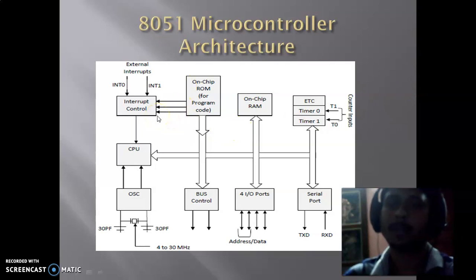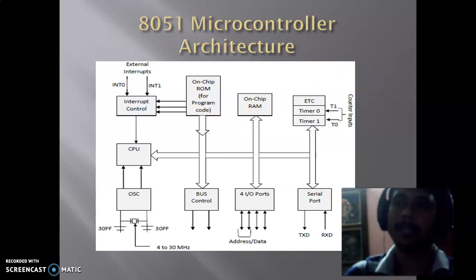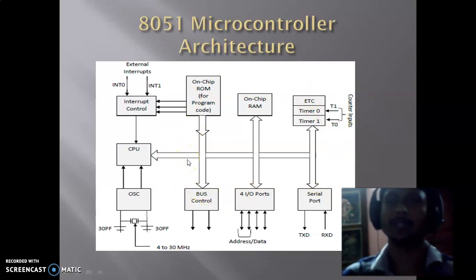Whenever the 8051 microcontroller is operating on instructions, at that time if some peripheral device interrupts it, then the 8051 microcontroller gives access, and then the interrupt procedure can be carried out. So this is the overall architecture of the 8051 microcontroller, and all the parts I will discuss elaborately in the next slides.